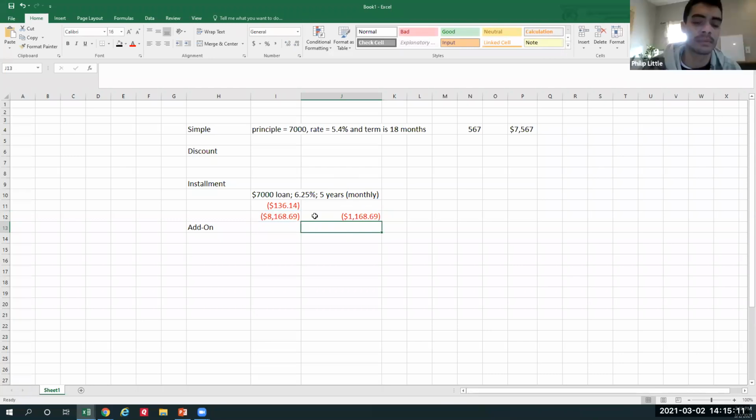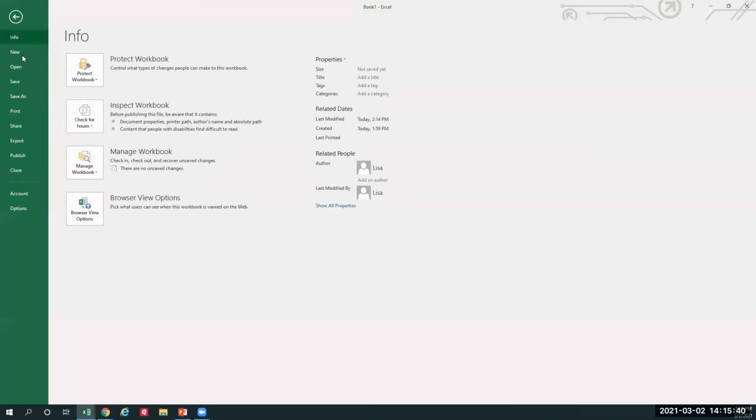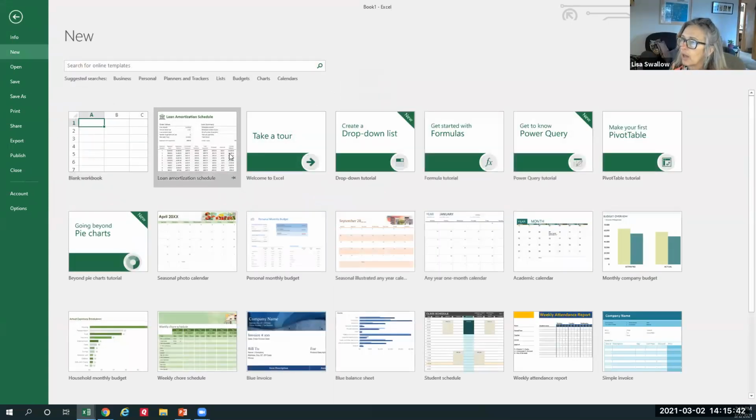Installment loan. Where do I go, Asher, to pull up the template to do my amortization schedule? I'm not sure actually. Cameron, do you remember? Sorry for my camera not working, internet. You're fine. Is this where you go to Excel and you click on the new template? Yep.